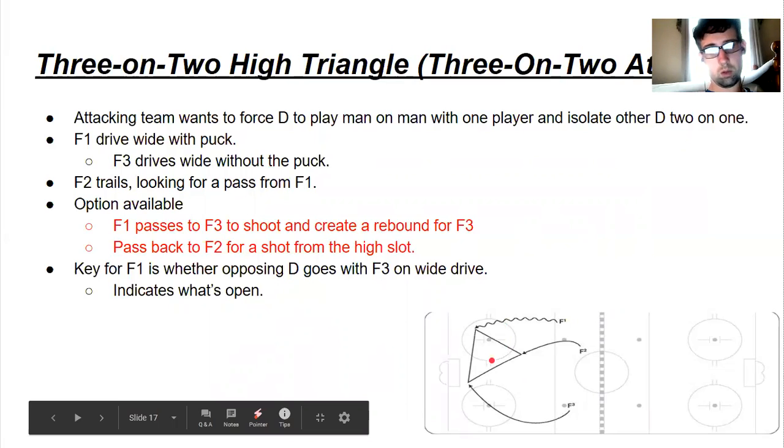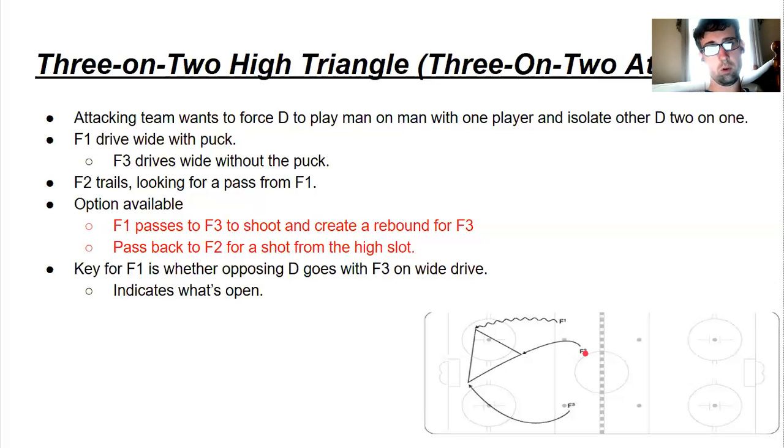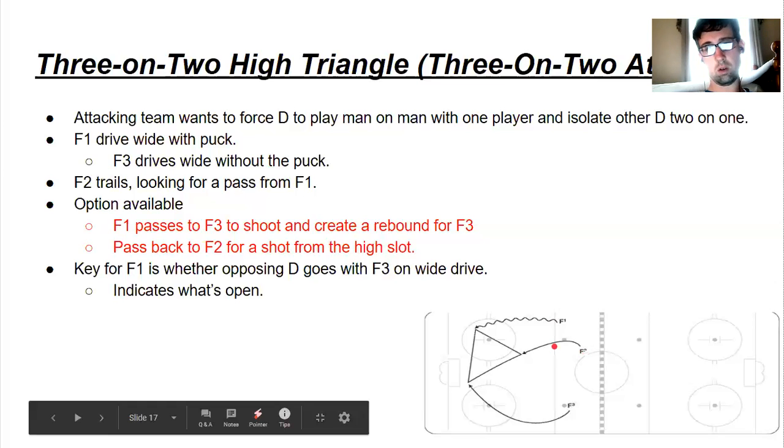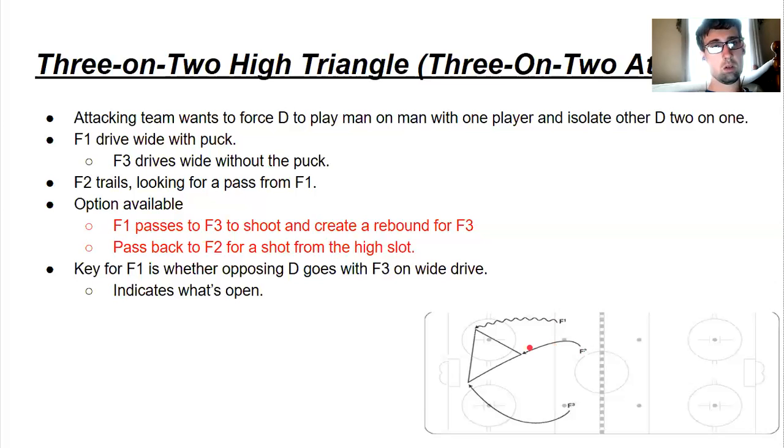Right here. Forward three drives wide without puck. Right here. And forward two travels looking for a pass from forward one up here. Forward one passes to forward three to shoot.